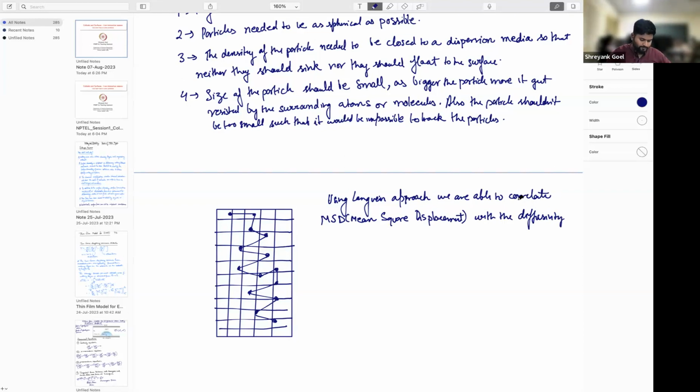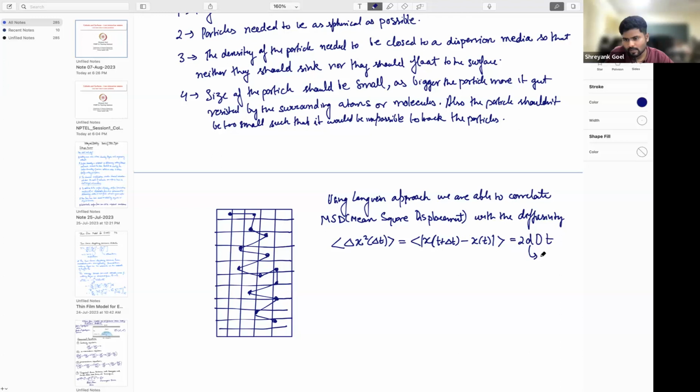So that comes out to be x square, that is nothing but x at t minus x at 0, squared, and that is equal to 2dDt.